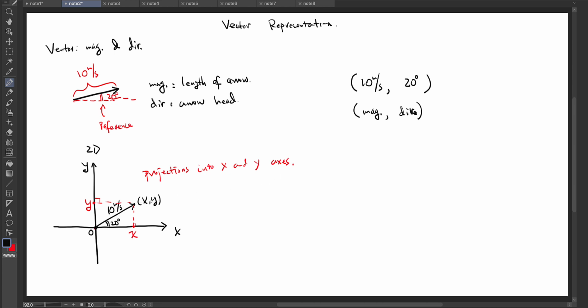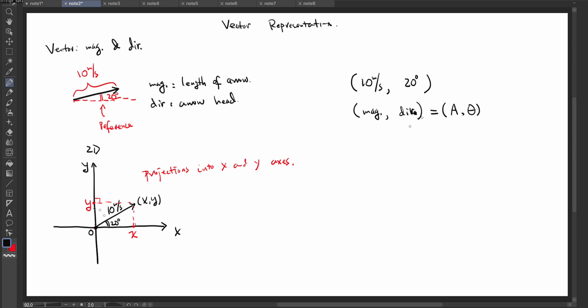Okay, so let's think about how to write down x and y using the previous knowledge of the magnitude and direction in the previous representation. And let's give this previous representation some symbols. Let's say the magnitude here is, let's call it A, some general vector A, and then the angle here is theta.